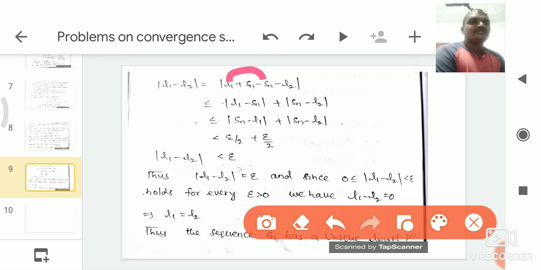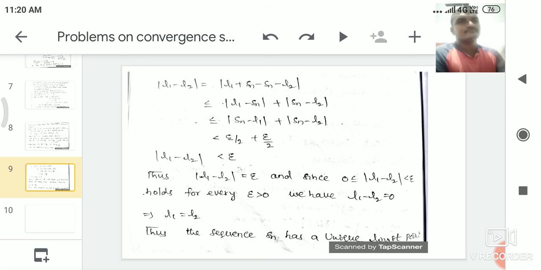So it must be that mod L1 minus L2 is equal to 0. This holds for every epsilon greater than 0, so mod L1 minus L2 equals 0. From that we get L1 equals L2. So whenever a sequence has two limits, they must be equal.